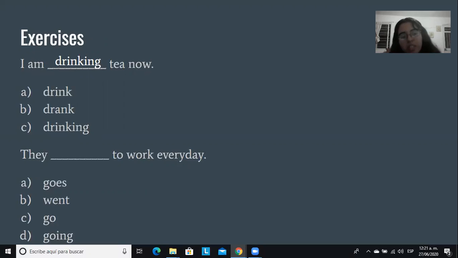The second one says they to work every day. So would it be they goes, they went, they go, or they going? What do you think?